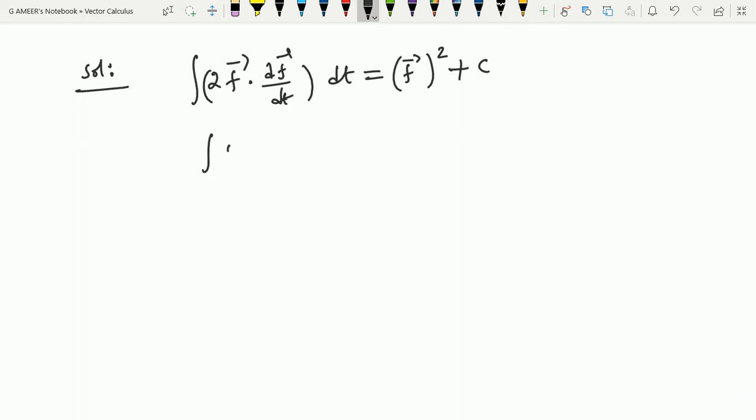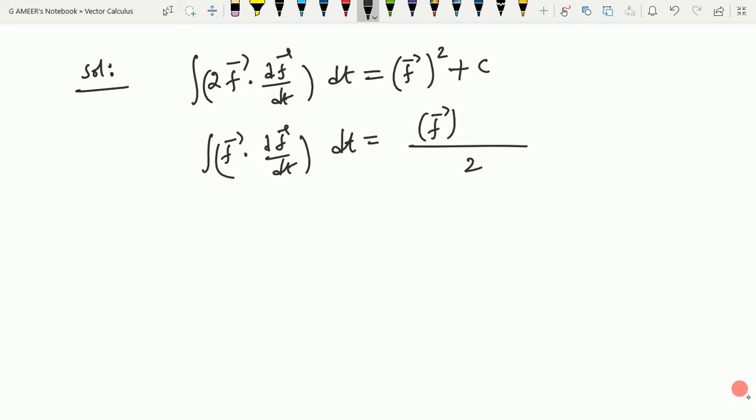So we don't have the multiple 2 here, so the 2 goes to the denominator. So integration of f dot df by dt with respect to t will be equal to, of course scalar, remember it is by 2. When squared, obviously we get a scalar: f square by 2.